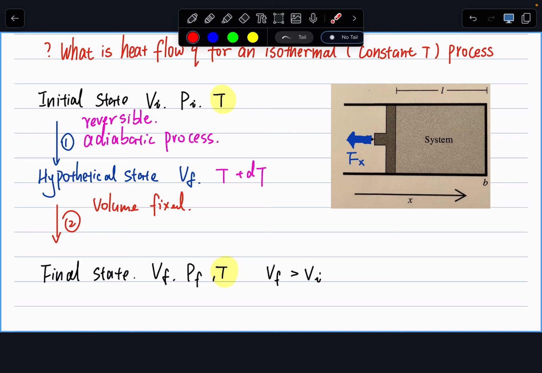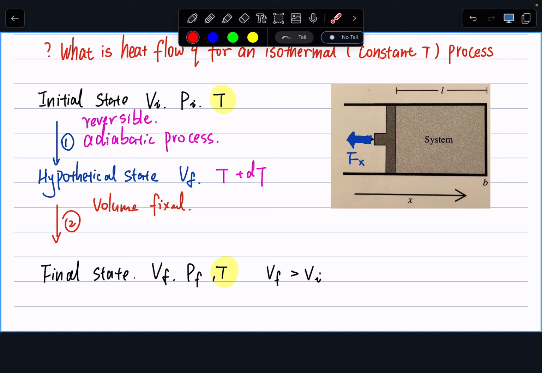All right. And in this case, what do we have? In our first step, we have an adiabatic process. So we know that for any adiabatic process, my heat equals 0, or Q1 equals 0 for the first adiabatic process. We also know for the first process we have a reversible expansion, in which my system is doing work on the surroundings.